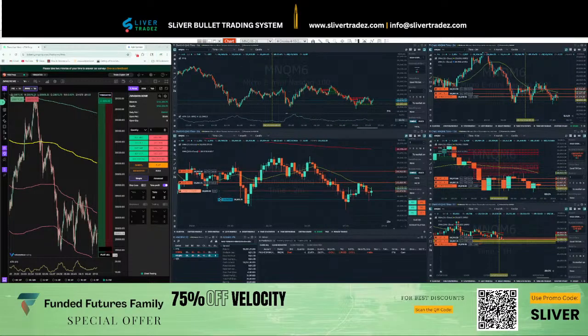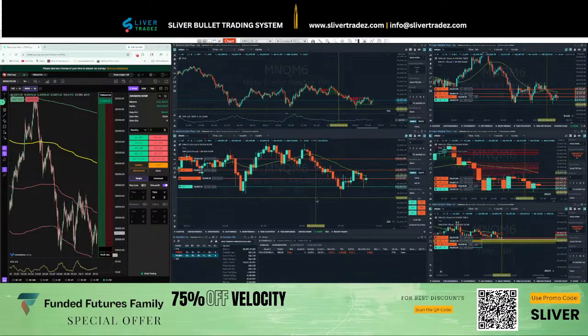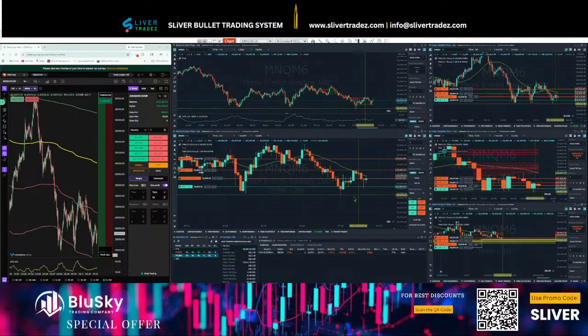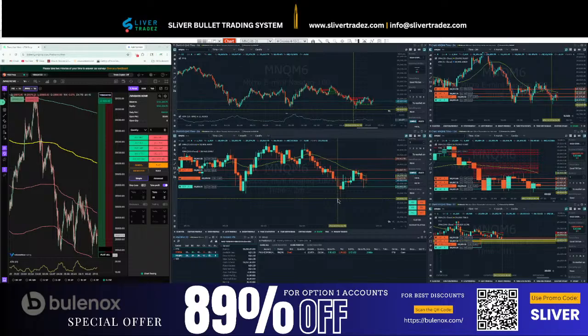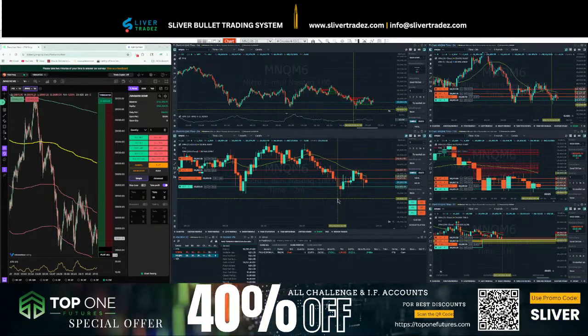And the target will be the low of the previous candle. So at this moment, I'm just taking manual trades. When there is a movement in the market, I will start using the automated trading software as well.